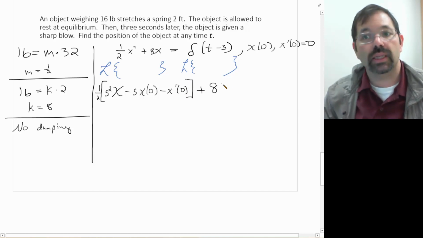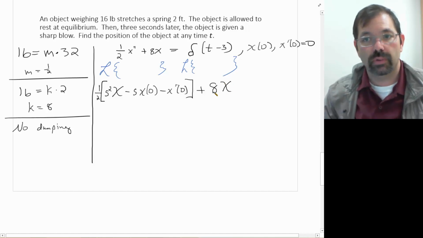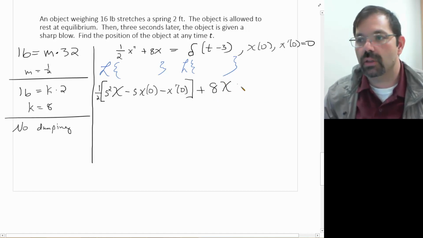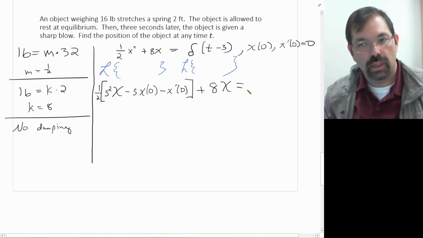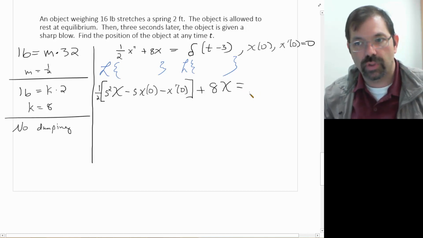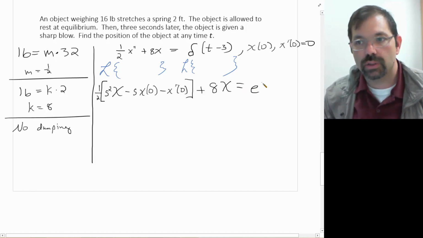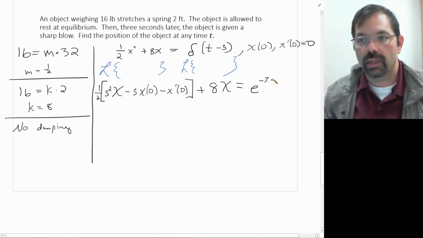Plus 8 capital X. The Laplace transform of x of t is capital X. And on the right-hand side, the Laplace transform of the delta function is e to the negative 3s.